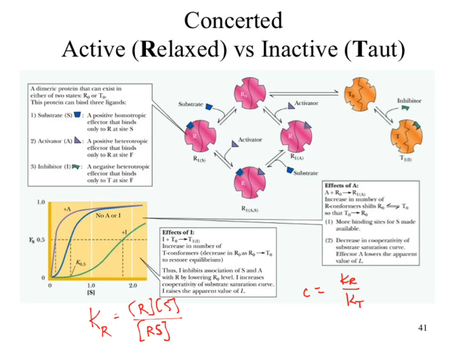I think our activator situation makes things a little bit worse. But doesn't the activator keep the relaxed form? So what happens as we add the activator? This value gets bigger. ARS gets bigger. What happens to TS? That one's a little bit weirder, but yeah, it's going to end up getting smaller. What happens to T?